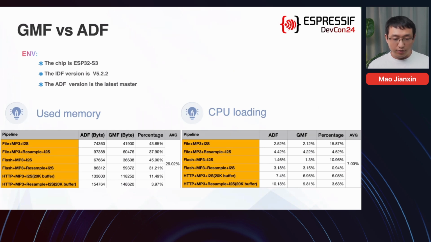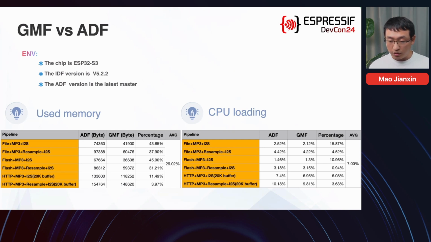On this slide, we compared the resource overhead of GMF and ADF on the ESP32 S3. For detailed data, please refer to the two tables.